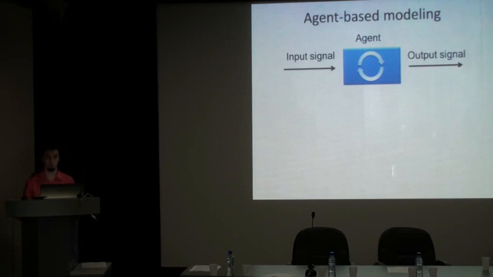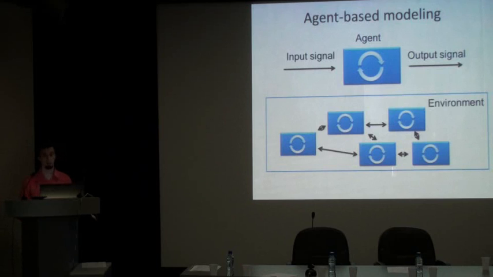It assumes that the model behavior is a result of activity of several or a large number of interacting agents. Basically, an agent is some black box which receives a signal and sends a response. So interacting in an environment, agents produce system behavior.